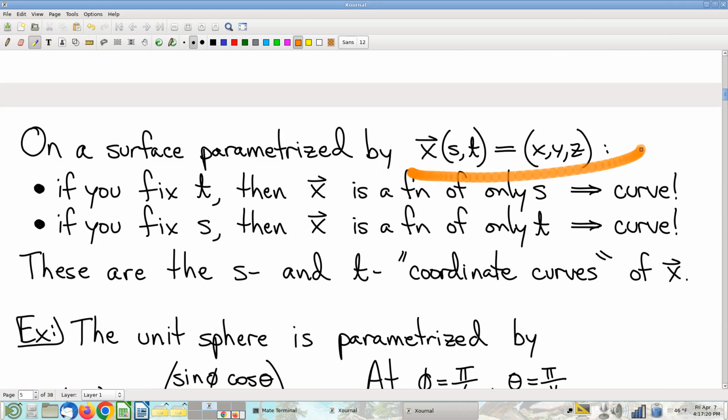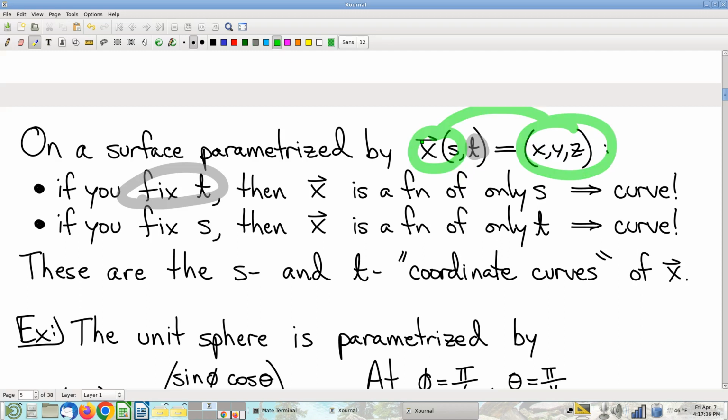When you have a parameterization, keep in mind you've got position as a function of two parameters. I'm going to make the innocent observation that if you fix one of the parameters, well, guess what? Now you've got position as a function of one parameter, because one of them is no longer a parameter, it's now a constant. This is a silly observation, right?